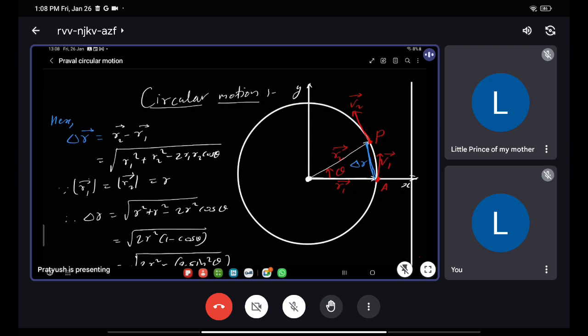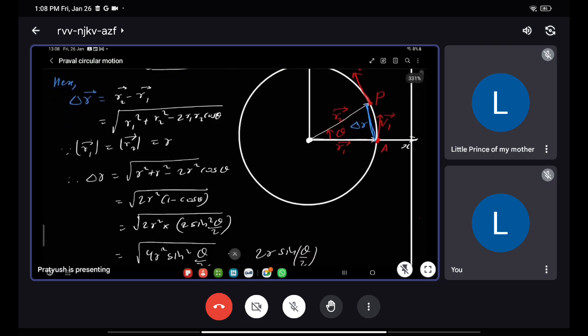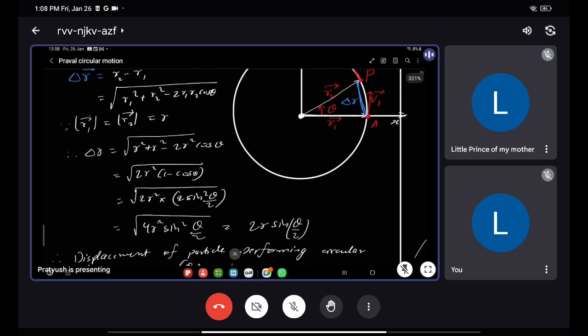Delta R is our displacement, and R2 minus R1 will be delta R. So what will be the displacement? Here 1 minus cos theta we write as 2 sin square theta by 2. Hence we get under root of 4 r square sin square theta by 2. So what is the displacement in circular motion? Displacement in circular motion is 2r sin theta by 2.